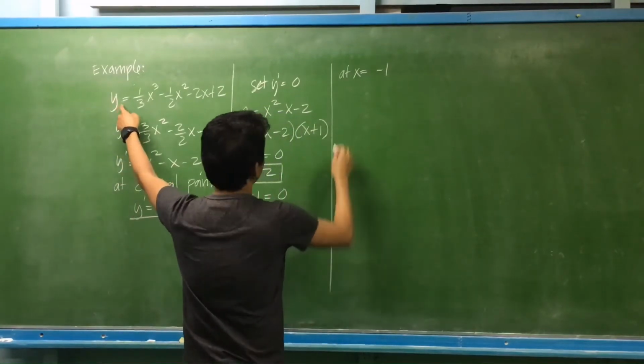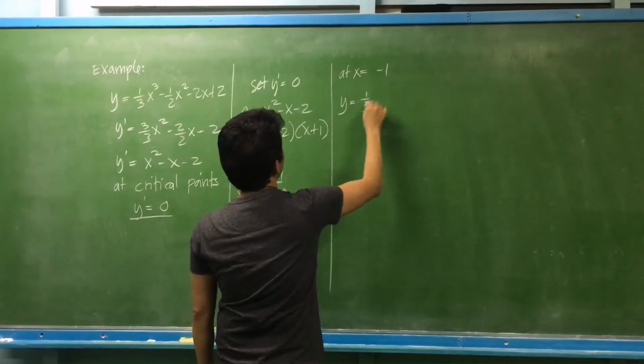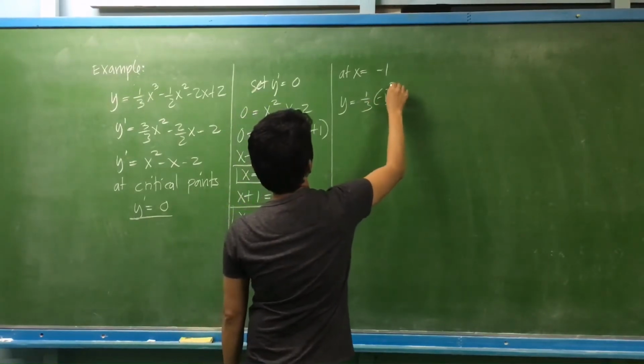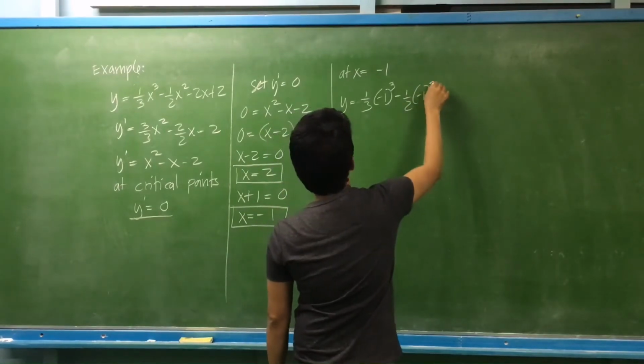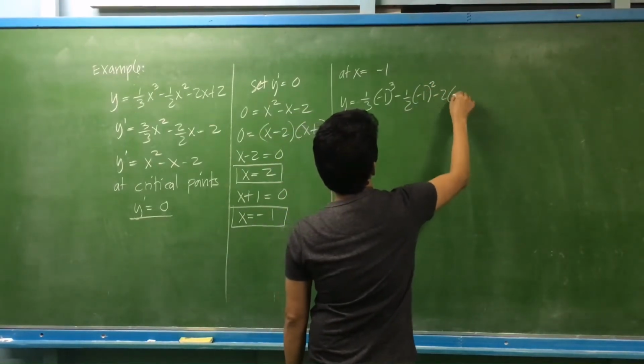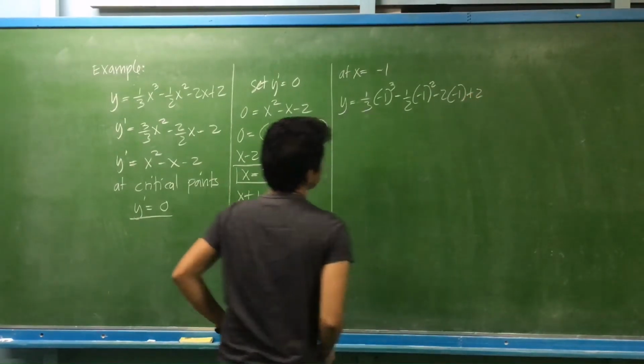At x equal to negative 1, let us determine the value of y. We have y equal to 1/3 of negative 1 cubed minus 1/2 of negative 1 squared minus twice of negative 1 plus 2.